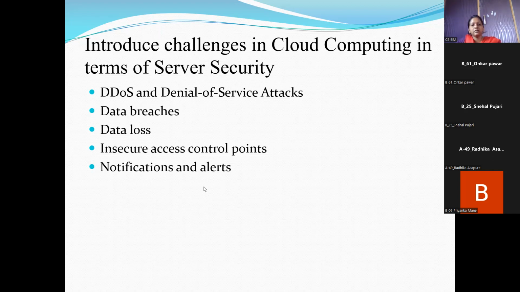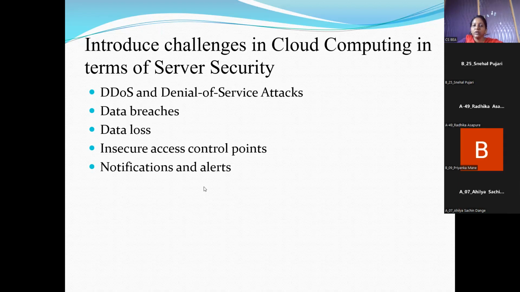So choosing the right vendor with a strong record of implementing strong security measures is vital to overcoming this challenge.